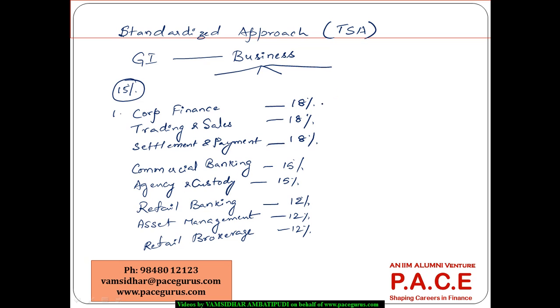So for each business line, I'm looking at the gross income over a 3-year period. Instead of looking at it across the organization, I'm looking at it for each business line and then multiplying it by the constant factor. So we are looking at business line wise different business activities across each of the lines.